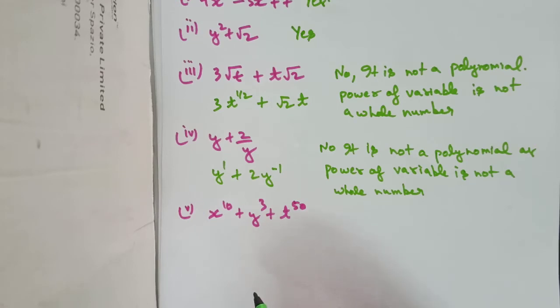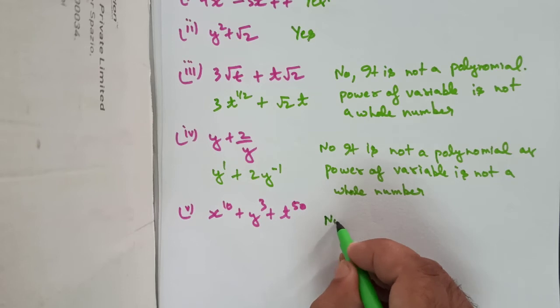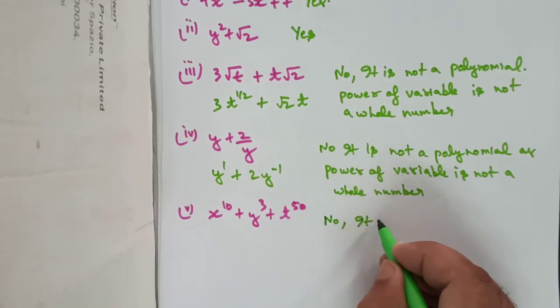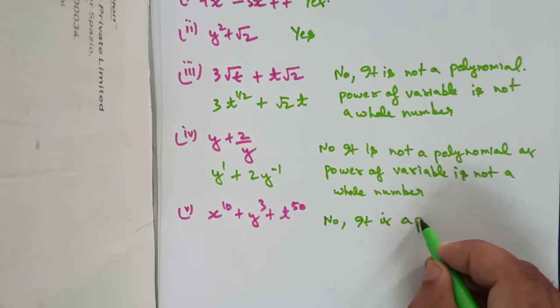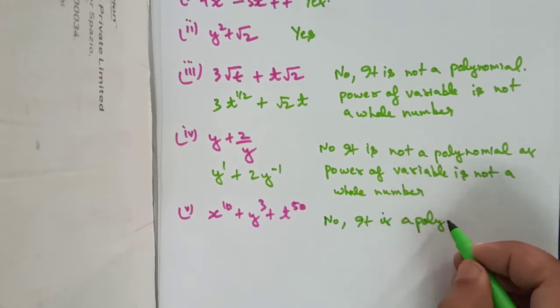There are three different variables in this polynomial. So it is a polynomial, but it is not a polynomial in one variable. So no, it is not a polynomial in one variable, it is a polynomial in three variables.